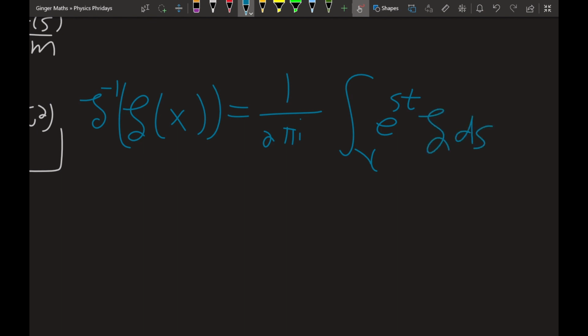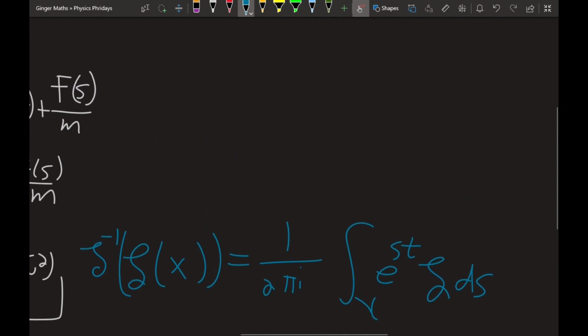Our contour is chosen so that it encloses all of our residues. So say, for example, our residues are at i and negative i or something.